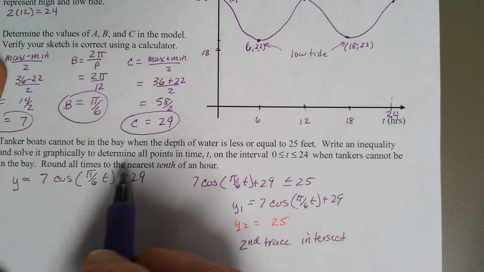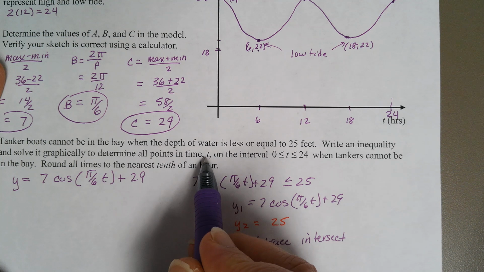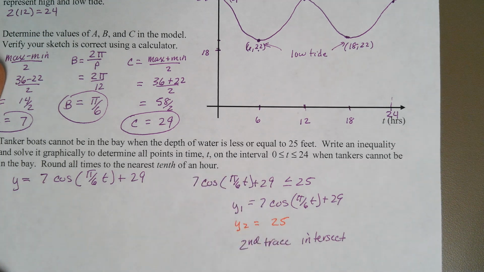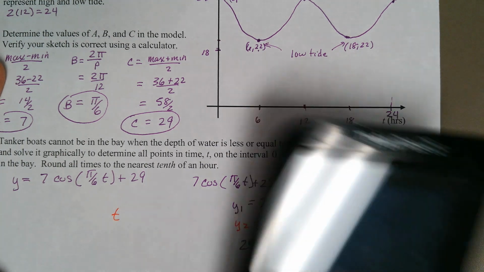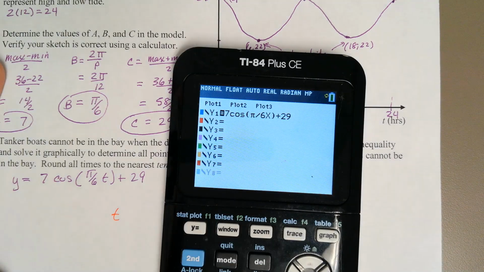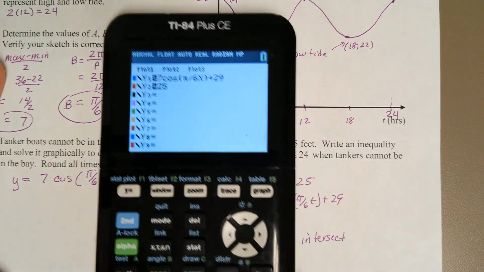We have to determine all points in time when the tankers cannot be in the bay. So when time is what? Between what and what? So y sub 2, 25.